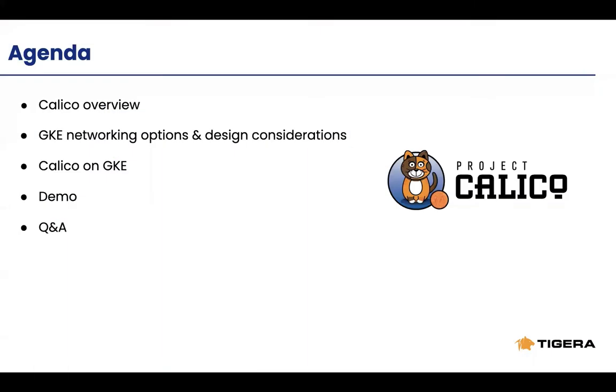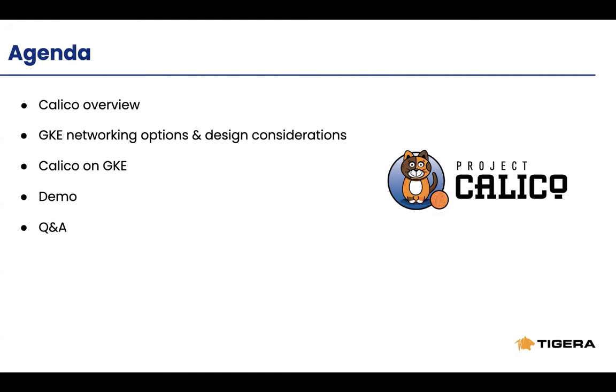So today's agenda, I'm going to do a brief Calico overview and then go over the GKE networking options and design considerations. Then we'll discuss Calico in GKE, and then go through a few demo scenarios, some simple policies to secure your cluster, secure your network.